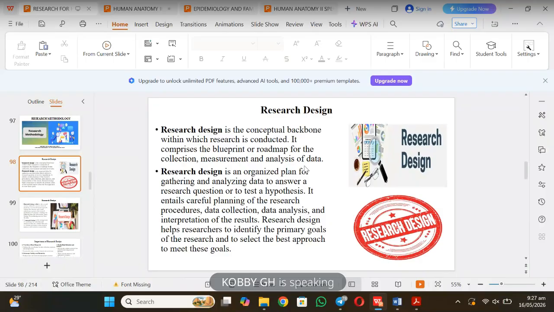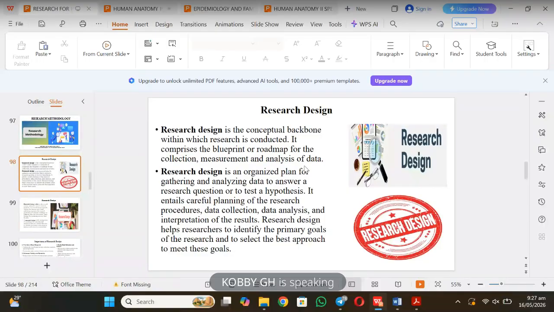In such a situation, you are doing retrospective studies. So in retrospective studies, you review records. If someone tells you, I'm doing a retrospective study design, that person will not collect data. The data is already there. So the person will just go to the hospital and review the already existing records.